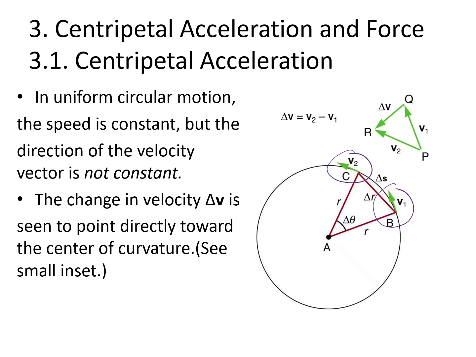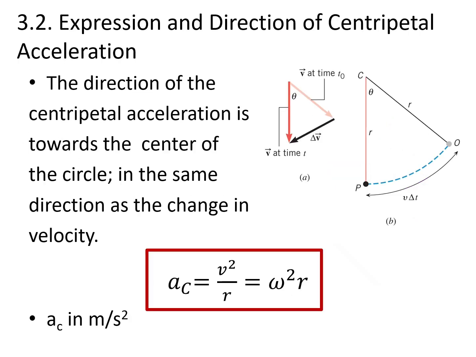Now we can write the equation for the size of this inward acceleration. The centripetal acceleration points toward the center of the circle. It is in the same direction as the change in velocity delta v. The magnitude of centripetal acceleration can be written in two equivalent ways.